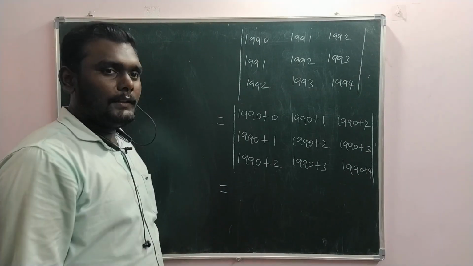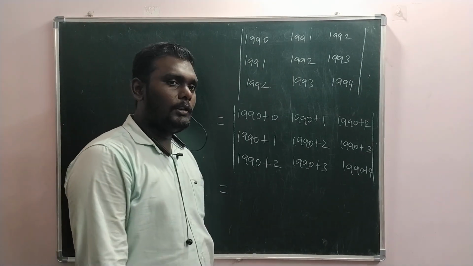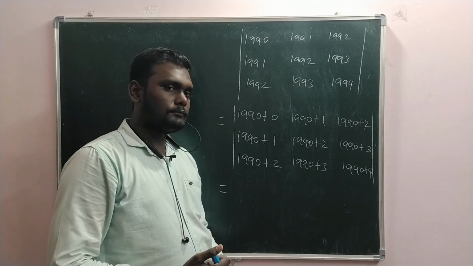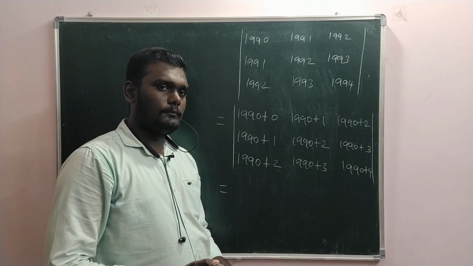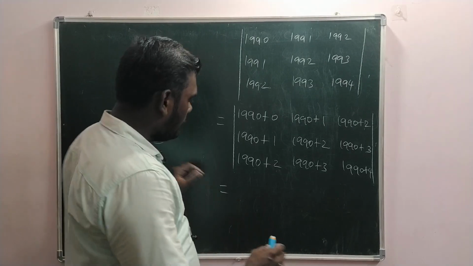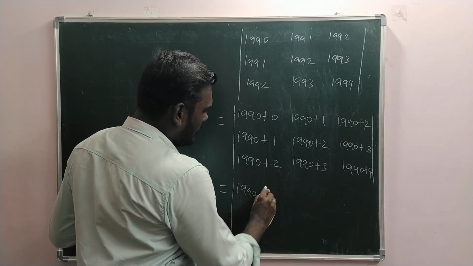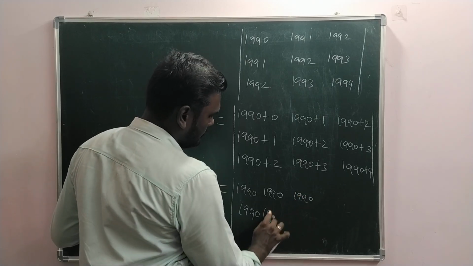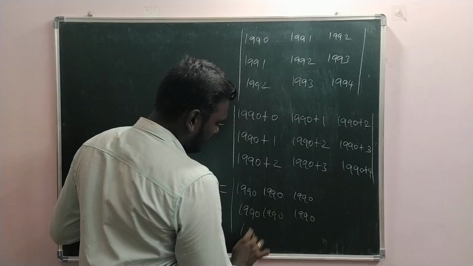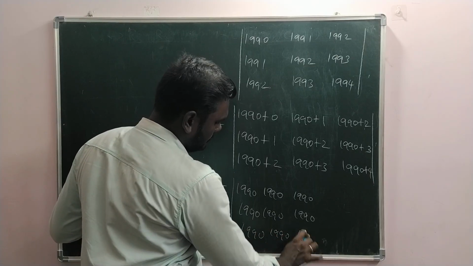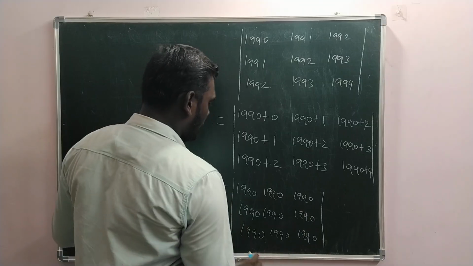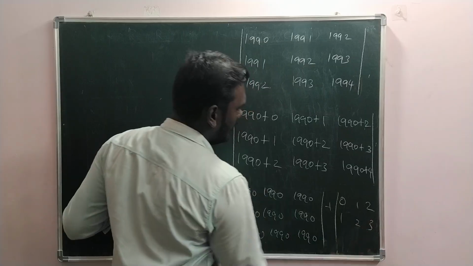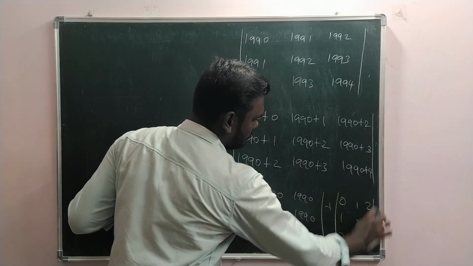This can be split into two different matrices. One matrix is 1990, 1990, 1990 in every entry, plus the other matrix, which is 0, 1, 2, 1, 2, 3, 2, 3, 4.